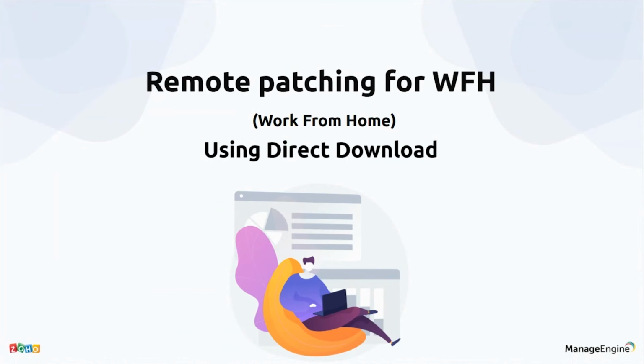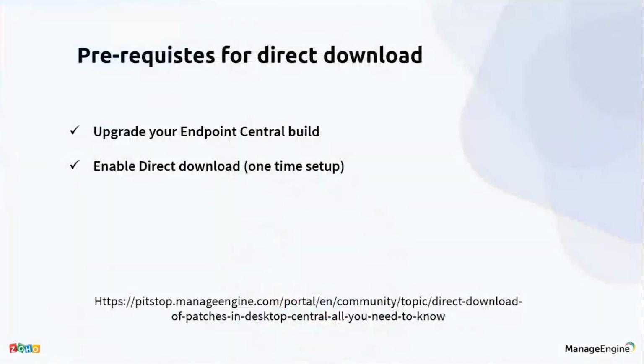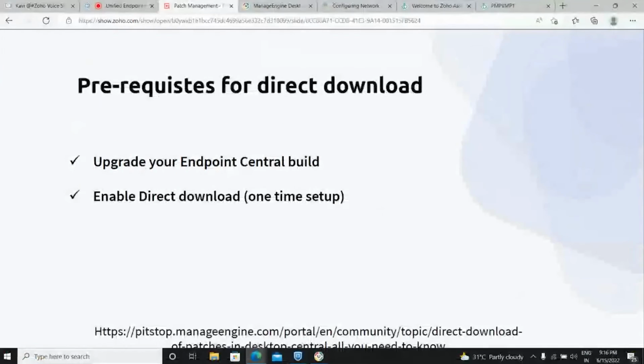So there are a couple of prerequisites to enable the direct download. First, you need to ensure you're running the latest build version of Endpoint Central. And you need to apply a simple configuration to allow the VPN connected work from home endpoints to download the required patches directly. Let me show you how this configuration is done.